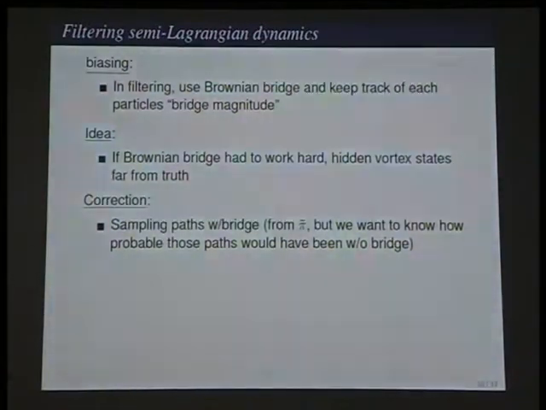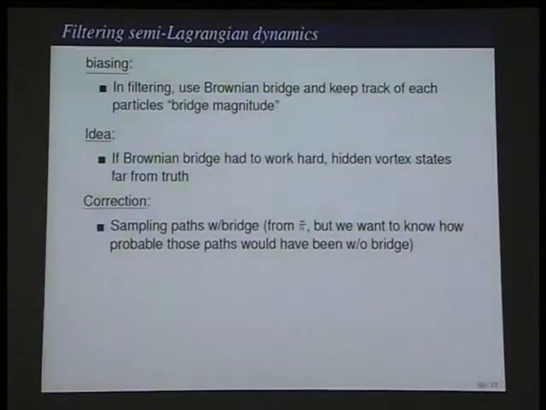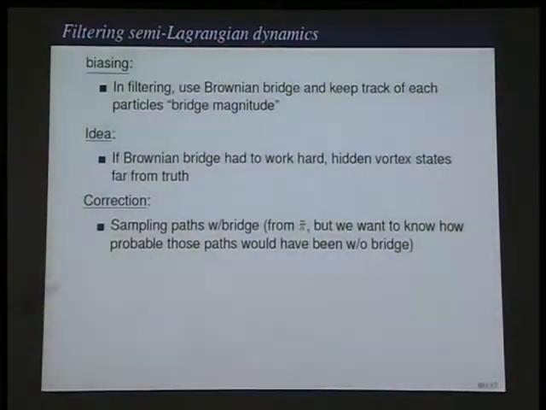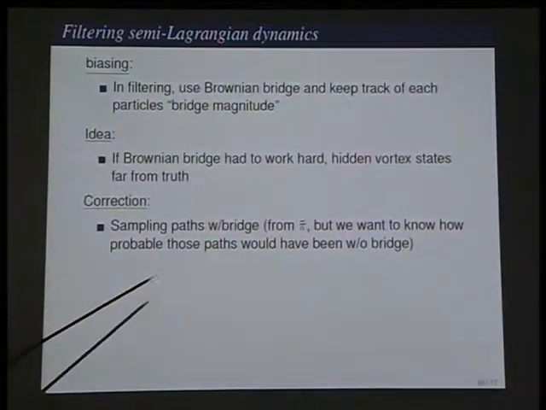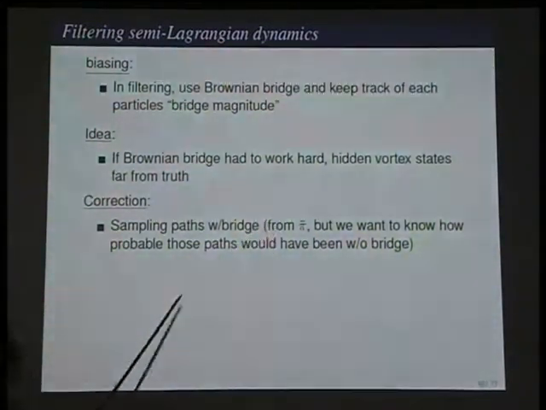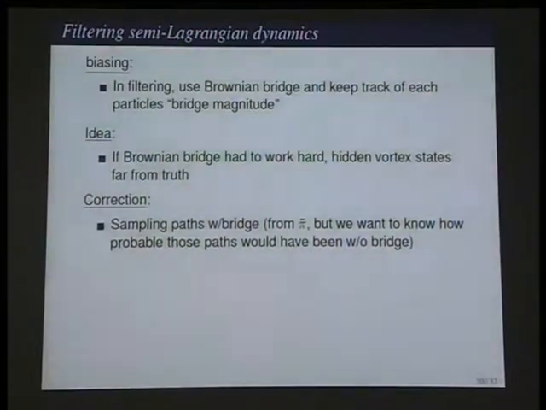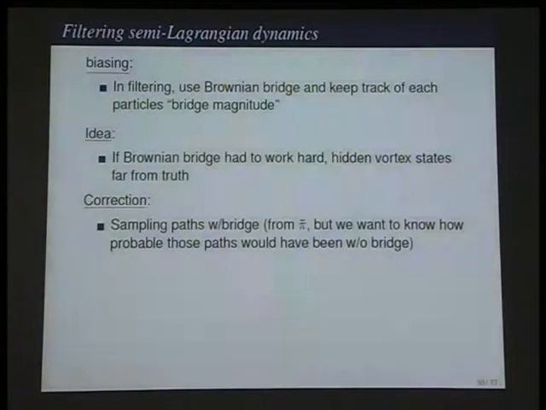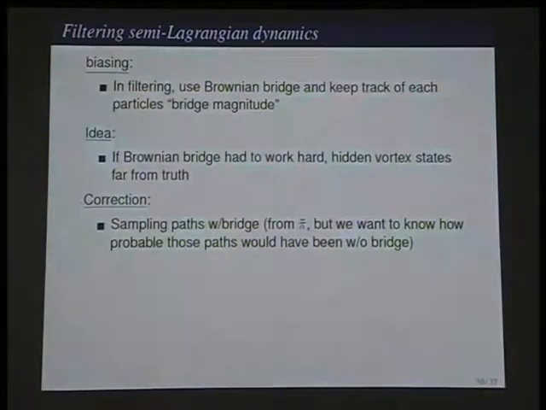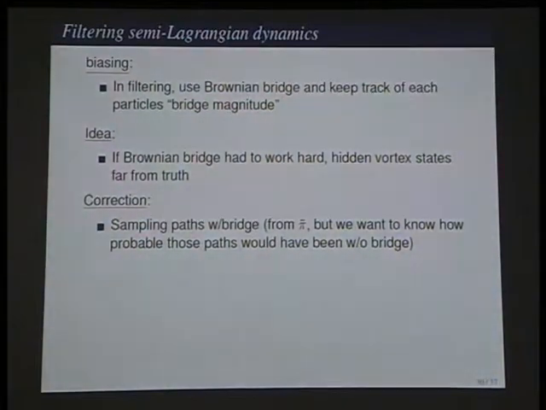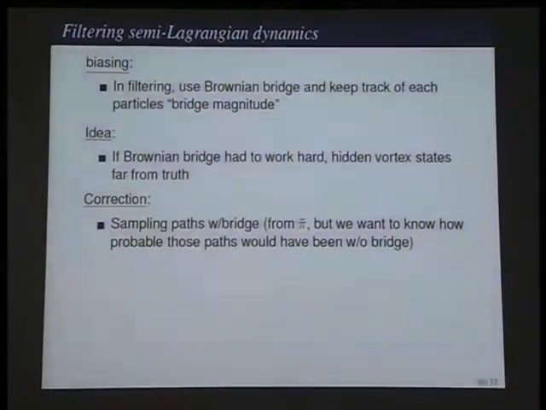Because we're not sampling from our underlying distribution pi, we have to account for sampling with these bridge paths. I'm going to denote these as samples from pi tilde. This goes back to when I talked about importance sampling last week: if we do Monte Carlo, drawing paths from here, we have to correct with the original distribution over the biased distribution.